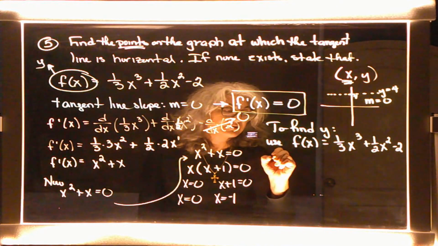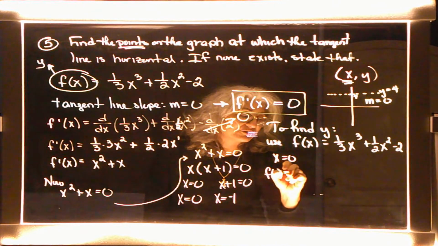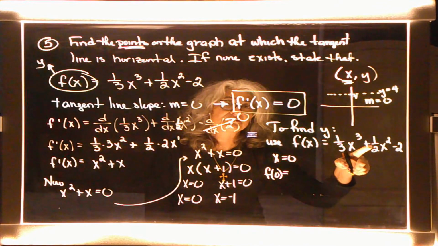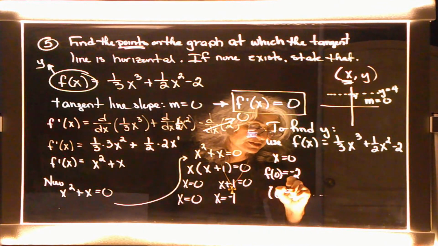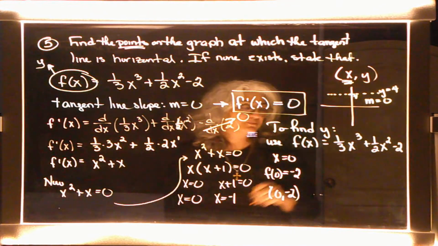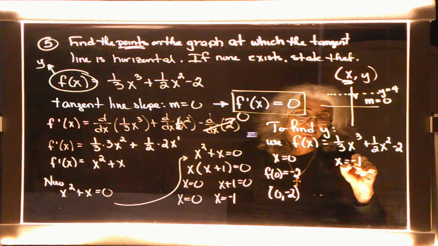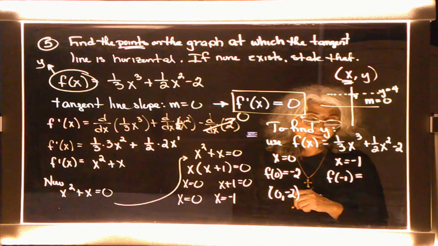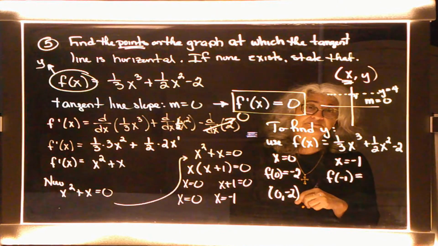Okay, so my first x is 0. If I find f of 0, what do I end up with when I plug 0 into here? Yeah, you end up with -2. So one of my points is (0, -2). Your other x value was -1, which means you need to find f of -1. What happens when you plug the -1 into here?